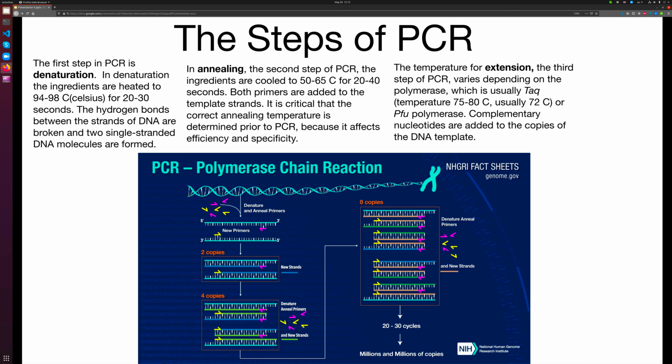Even these polymerases make errors, but those errors happen much less often, and that makes these high-fidelity DNA polymerases suitable in mutagenesis and other research dealing with mutations. So in extension, complementary nucleotides are added to the copies of the DNA template.